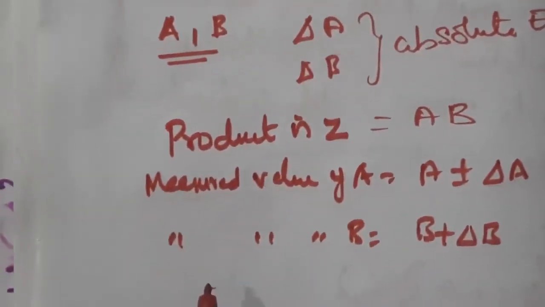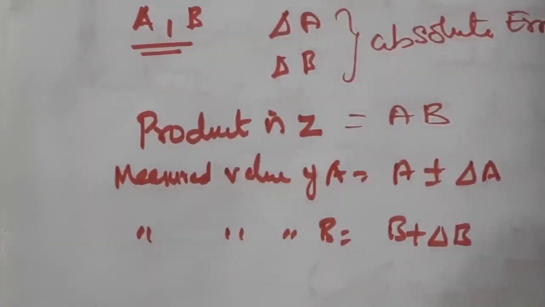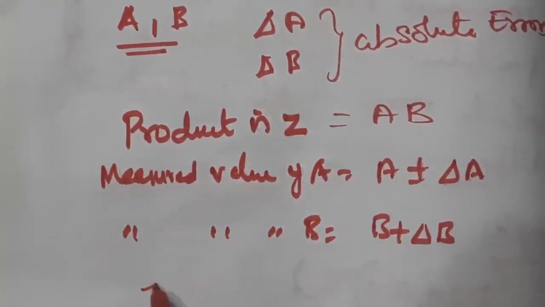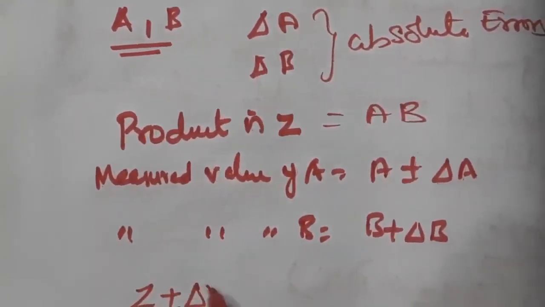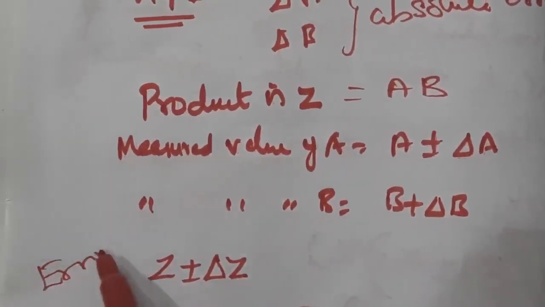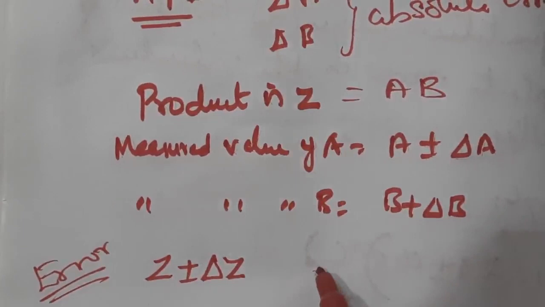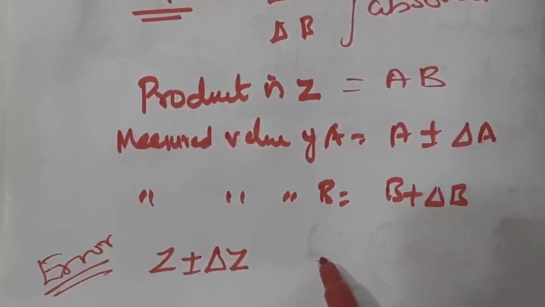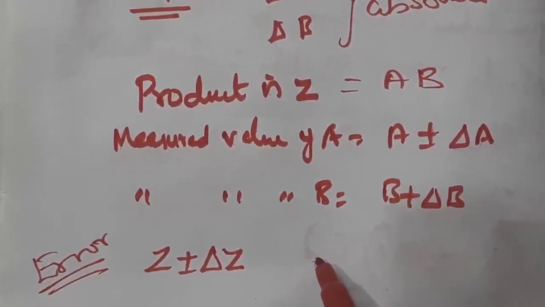So what will be the error? The error delta Z in Z is given by Z plus or minus delta Z. So Z plus or minus delta Z is equal to what?